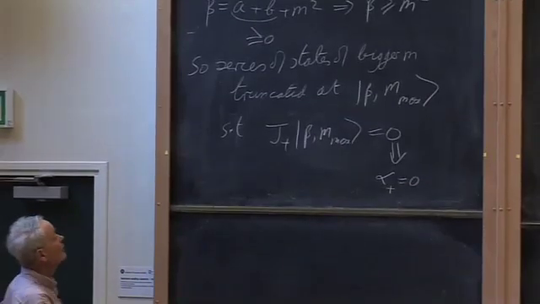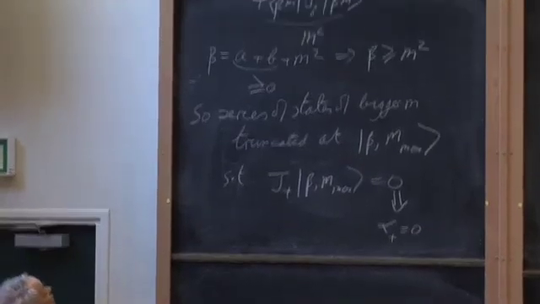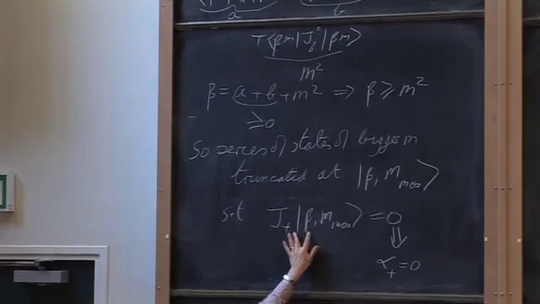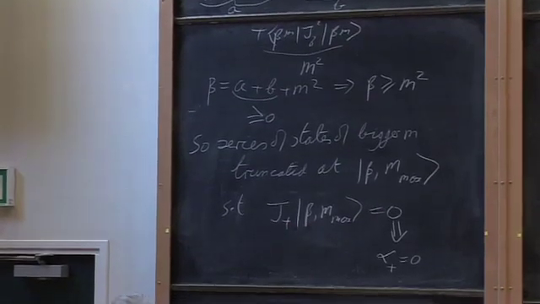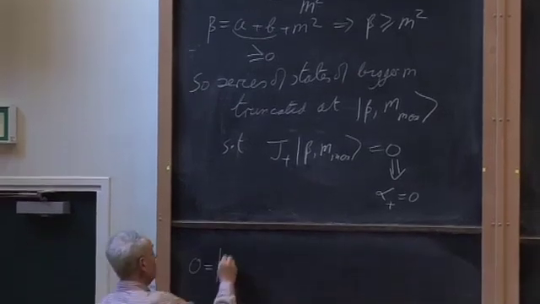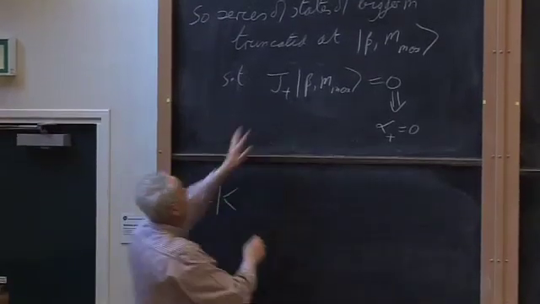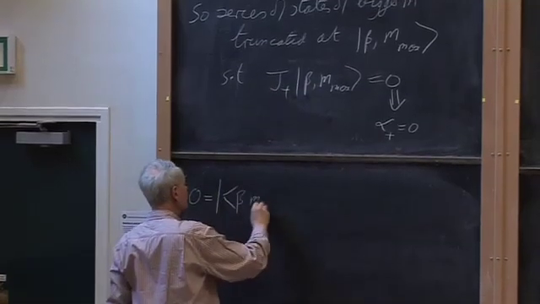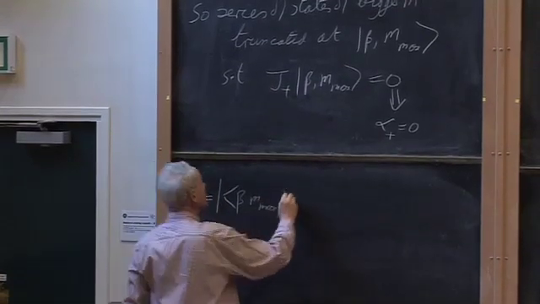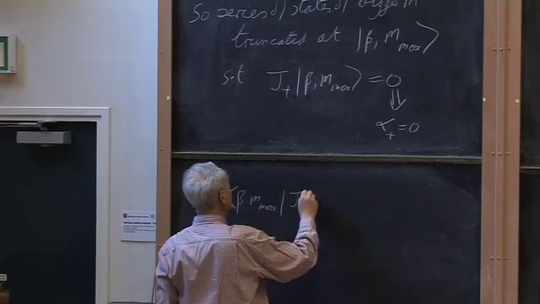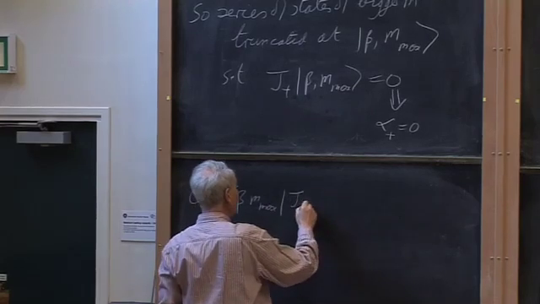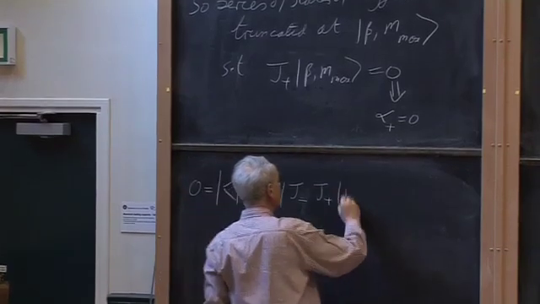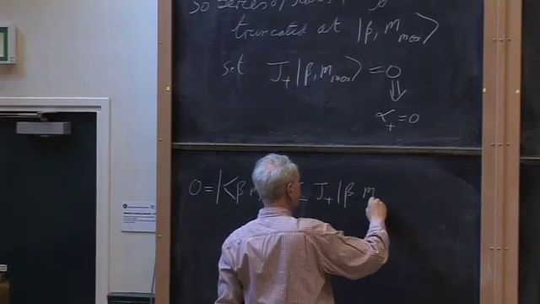So what we have to do now is look at the mod square of this state and show that it's 0. So we have that naught is equal to the mod square of this, which is going to be this Hermitian adjointed, times J plus dagger, which is J minus, times J plus, times |β, m_max>.